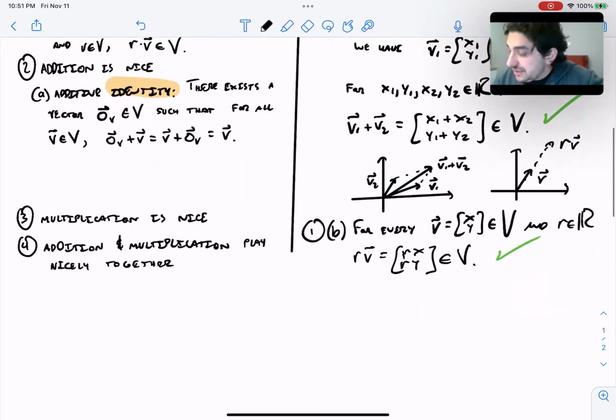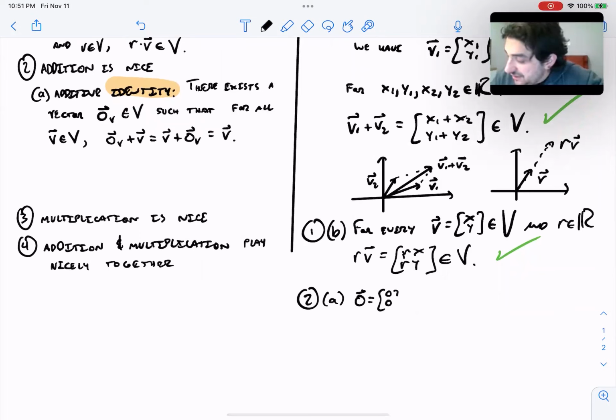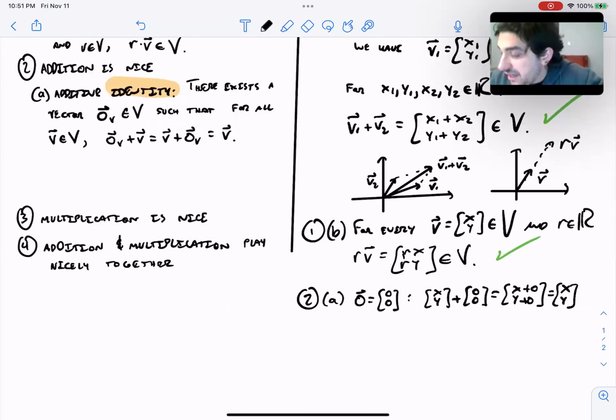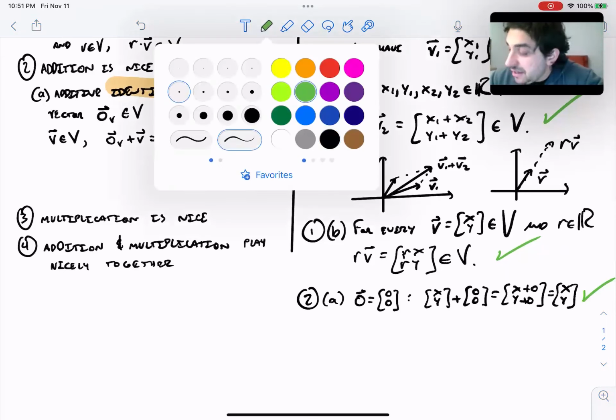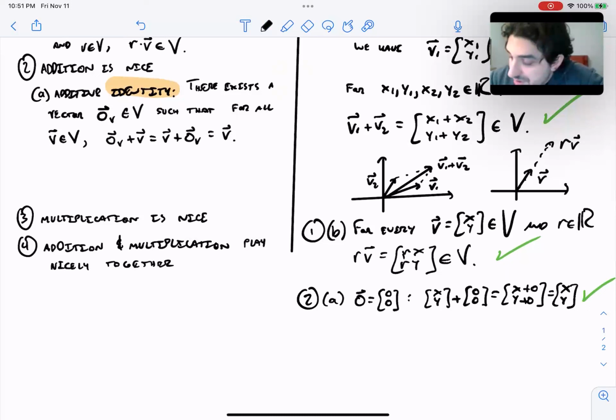So this is property 2a. And here, the zero vector is literally 0, 0. If you think about it, for any other vector x, y, if you add 0, 0 to it and you're doing component-wise addition, you just get x plus 0, y plus 0, which is x, y. You get x, y back, and it works the other way as well. So this is additive identity. It passes that property just fine.